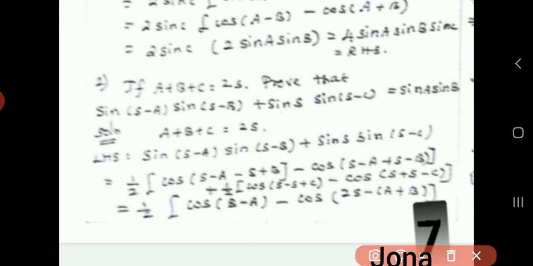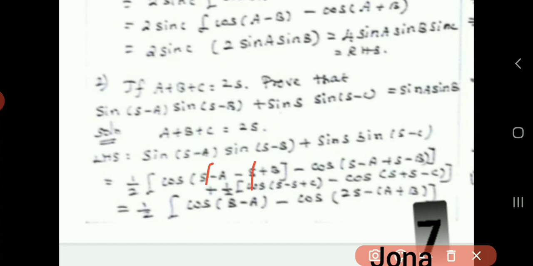A plus B is s minus A plus s minus B inside the bracket. So now we completed the first term, and then we have the second term as sin s into sin of s minus C. Here also I can write sin A sin B, the same formula, half into cos of A minus B. That is s minus of s minus C, that is minus s plus C here, and then A plus B, that is s plus s minus C. Now in the first bracket I can cancel this s and s.